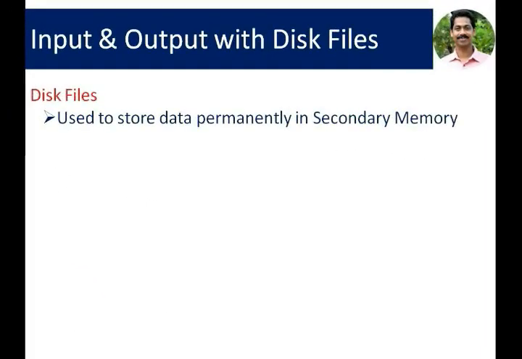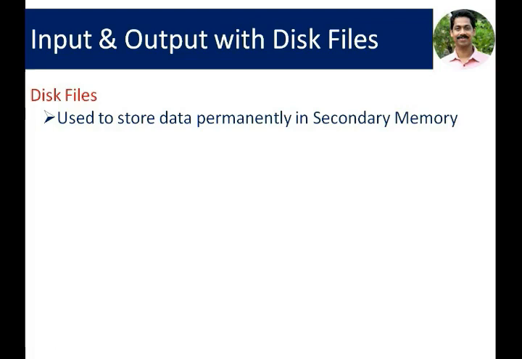Then input and output with the disk files. What is a disk file? It is used to store data permanently in secondary memory. As everybody knows, initially every data handled inside a program is stored in the primary memory of a computer.